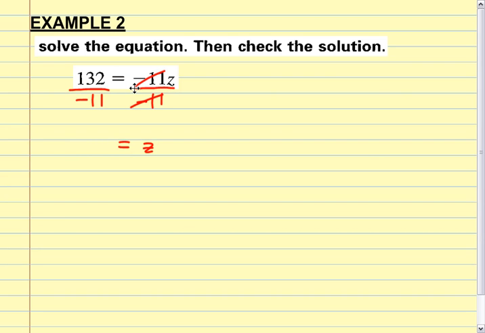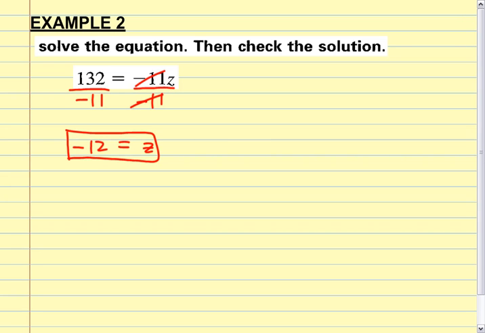They turn into 1. Do I need to write a 1 in front of the z? Is there a 1 in front of the z? Yes, even though I don't see it, there is a 1 there. Okay? What is 132 divided by negative 11? What do you get? Suzette? I get negative 12. So z equals negative 12.